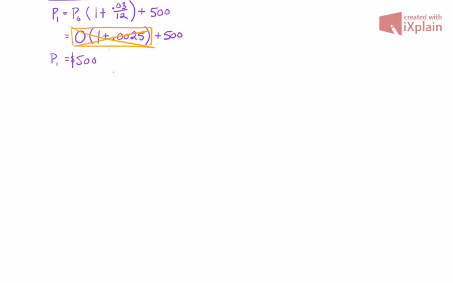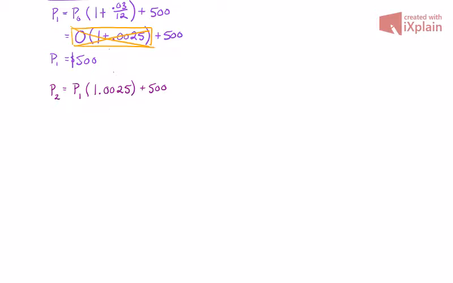So the next one is going to be p sub 2. And again, p sub 2 is going to be equal to the prior month's balance. It's going to earn that interest. And actually, I'm going to go ahead and clean this up and just say that this is 1.0025 plus 500. So that's the new payment of 500.